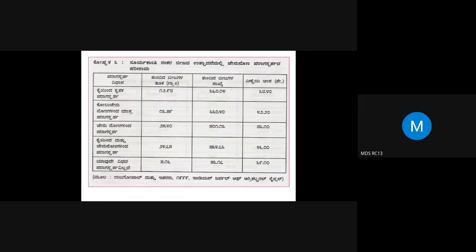In this PowerPoint presentation there are some slides which explain the effect of honeybee pollination in sunflower.